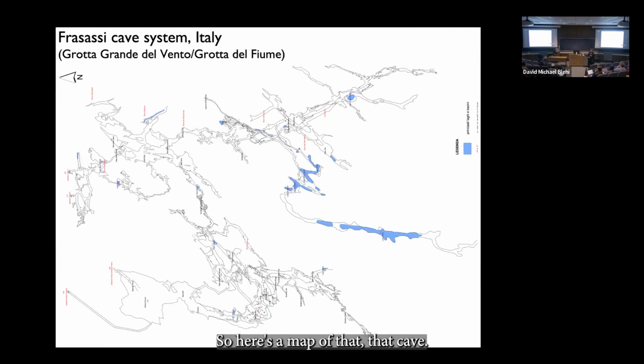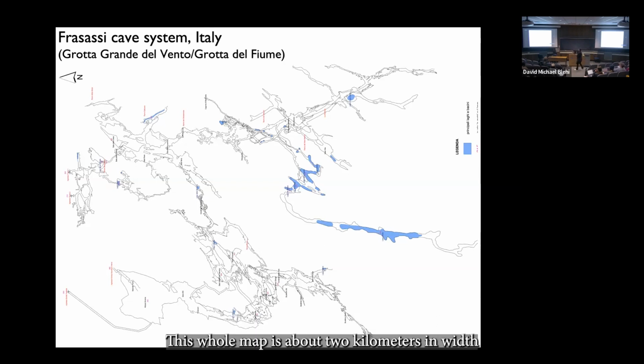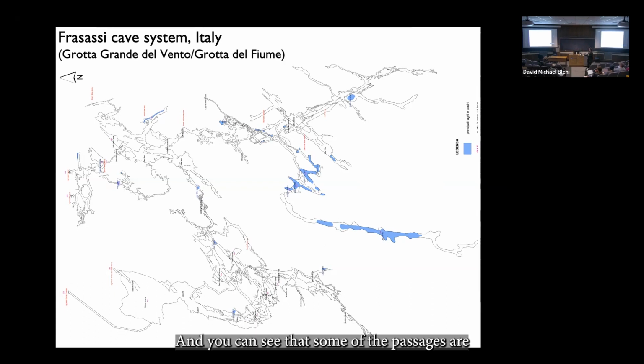So here's a map of that cave. And you can't see because the legend is cut off. This whole map is about 2 kilometers in width, and there are about 25 kilometers of navigable passageway so far in the system. And you can see that some of the passages are 100, 200 meters wide.